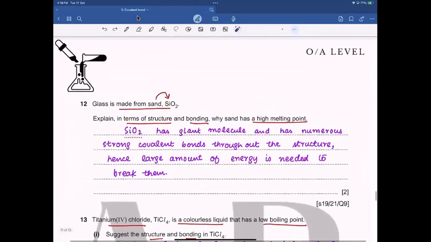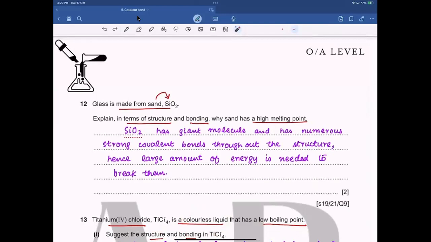Now, who will answer this? They have mentioned the formula and the name of the compound, which is titanium(IV) chloride, and they have told you it is a colorless liquid and has a low boiling point. So what is the structure and bonding? What kind of structure does it have? Simple molecular structure, simple covalent.